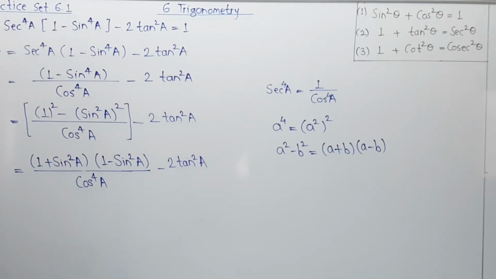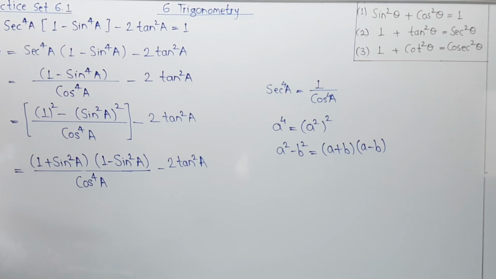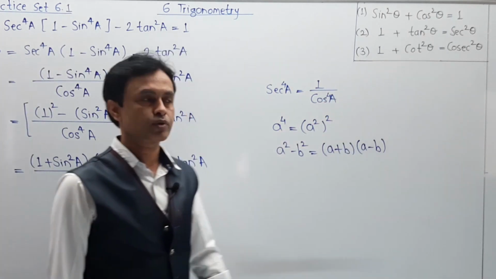Now the next step. Here 1 plus sin square a, we cannot have any modification, but 1 minus sin square a, yes, we have modification. What is that? We have the fundamental identity sin square theta plus cos square theta is equal to 1.